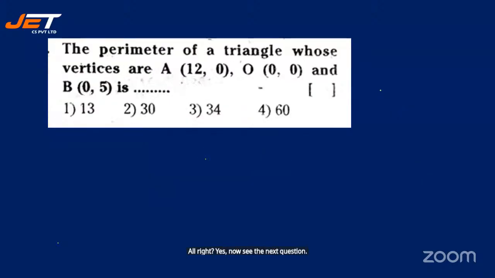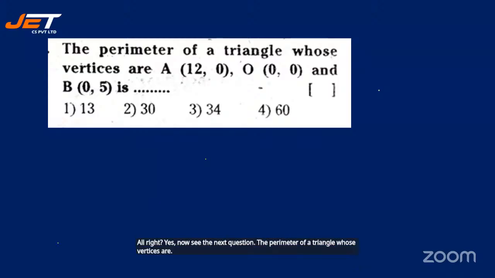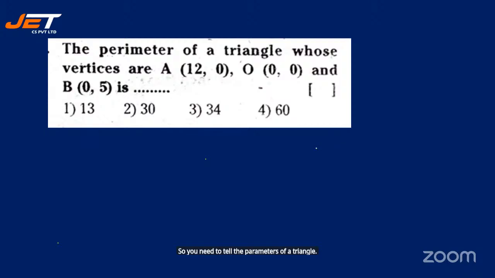The perimeter of a triangle whose vertices are A of 12, 0, O of 0, 0, and B of 0, 5. So you need to tell the perimeter of the triangle. Think over it, put the formulas, and then give me the answers.